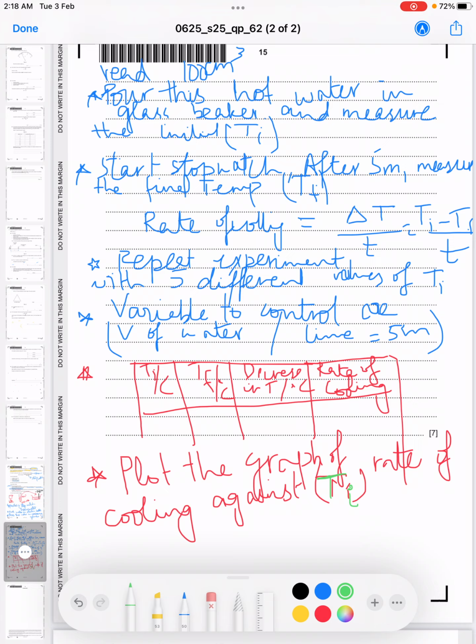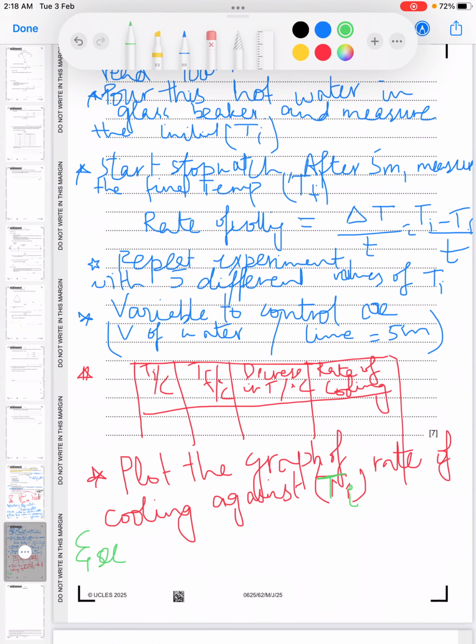Okay, and then see if the initial temperature affects the rate, that is, see the effect of TI on the rate of cooling.